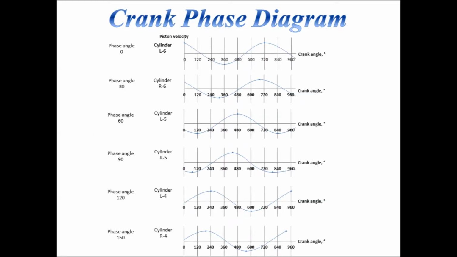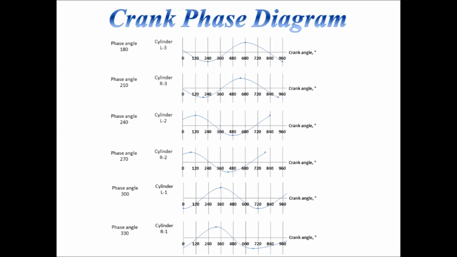Next, as selected, the phase angle will be 30°. If we rotate counterclockwise, it will be a negative angle, while clockwise it will be a positive angle. From the graph, the peak represents the cylinder's largest velocity magnitude. There are 12 cylinders, so there will be 12 graphs.